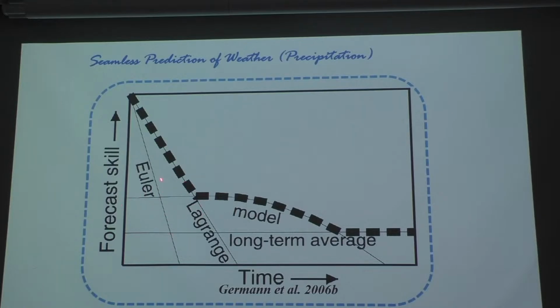There are two ways to deal with that. One is Eulerian, the other one is Lagrangian. I'm trying to combine these two kinds of information to deal with the prediction of weather in the so-called short-term forecast.